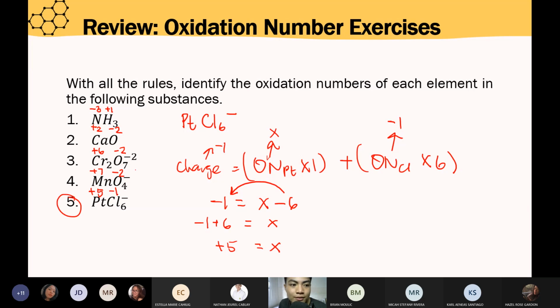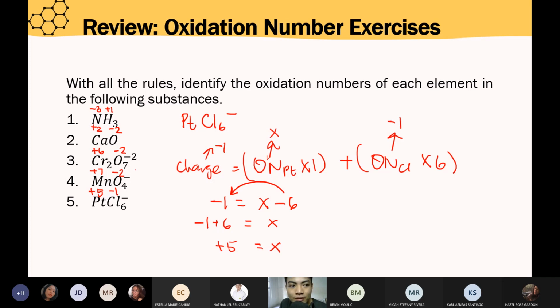Okay. So that's how you determine the oxidation number of the elements. Okay. So yan. So that ends the intro part. Intro part pa lang tayo. Wala pa tayo sa main topic. Okay. So ganun lang, no? So you just have to apply all the rules we stated kanina, okay? Para makuha natin yung tamang sagot.